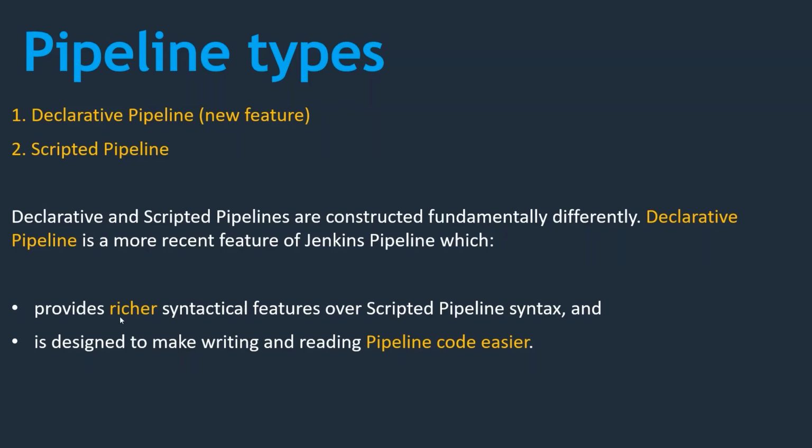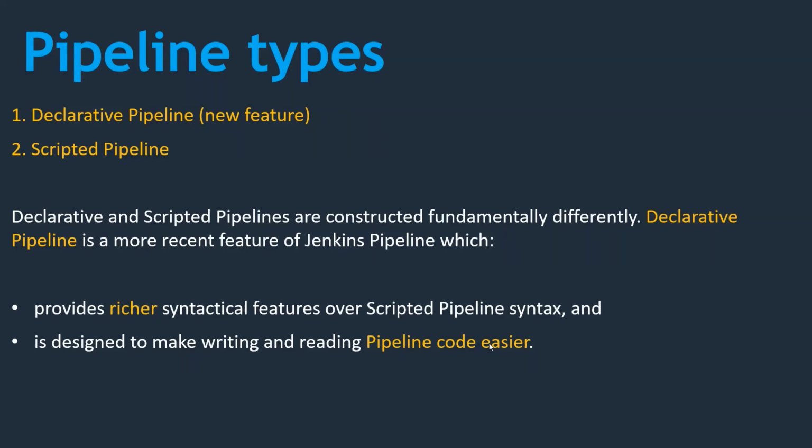Syntax is structured, which will help us to easily write it, and it is designed to make writing and reading pipeline code easier. So comparatively it is quite easy. Declarative pipelines are easy compared to scripted pipelines.